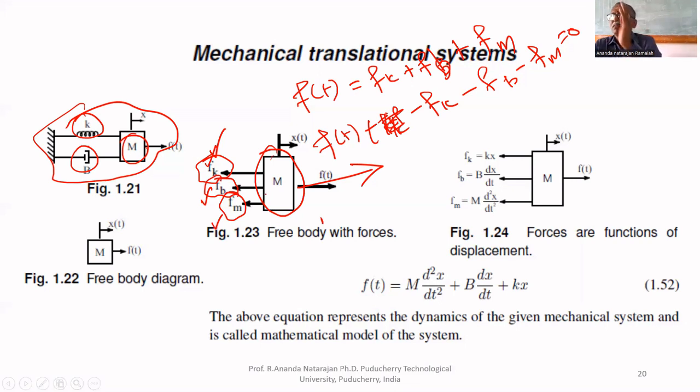Free body diagram means we take the mass and mark the forces acting on it. Here, this is the mass that we have taken, m. It has the property of a spring and the property of a dashpot. If you apply some force, there will be a reaction for m.